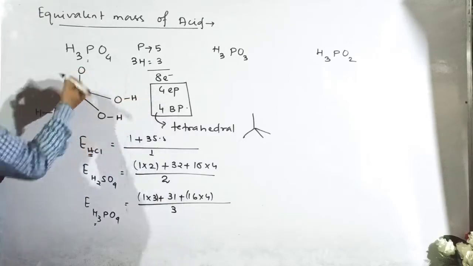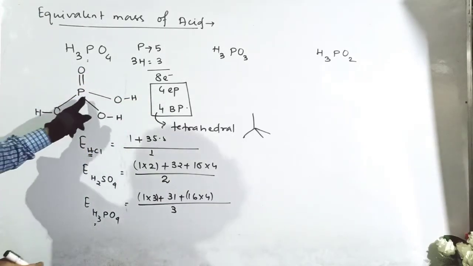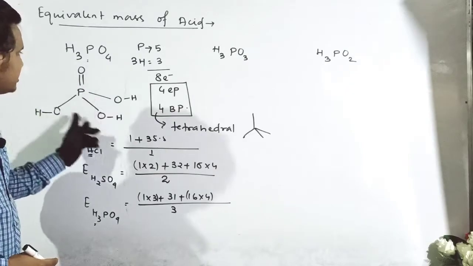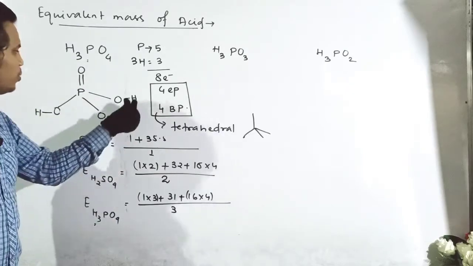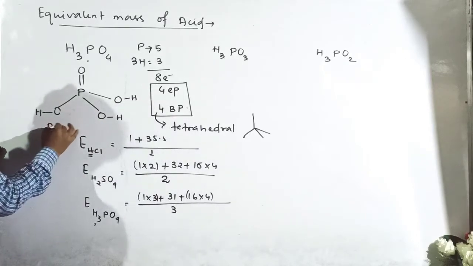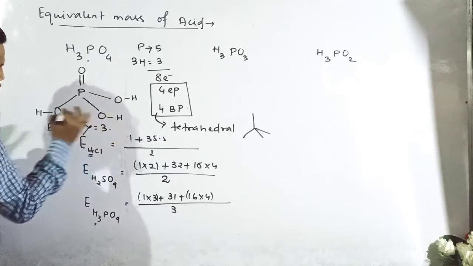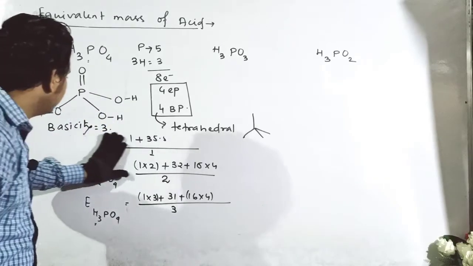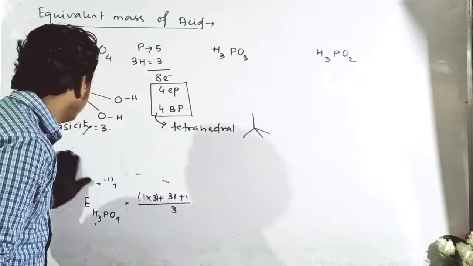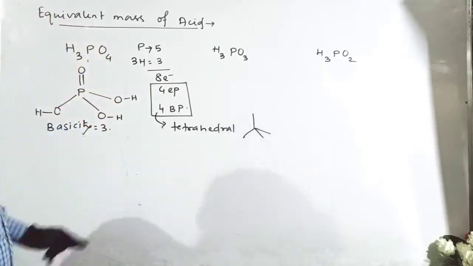Now this single oxygen will give a double bond. So how many hydrogen can this acid replace? 1, 2, 3. So its basicity will be 3. Molar mass by 3 will be its equivalent mass.